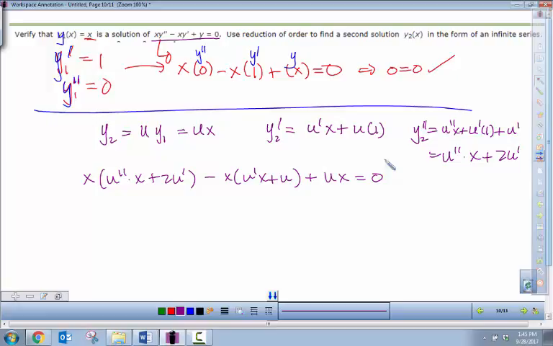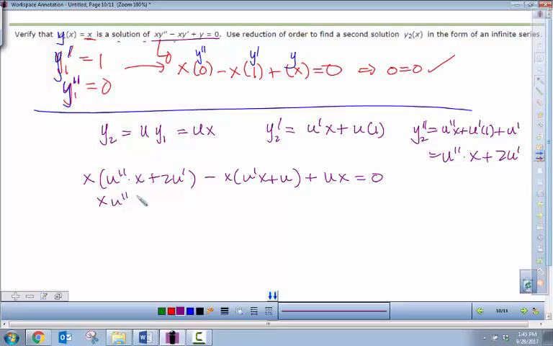So we're going to come up with a differential equation, and hopefully it'll have one less order. It'll have a u double prime and a u prime, but it won't have a u in it, so that we can reduce the order. So let's see if that worked out.